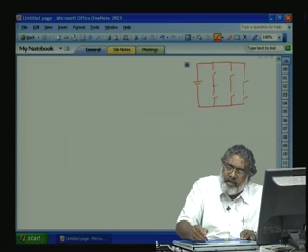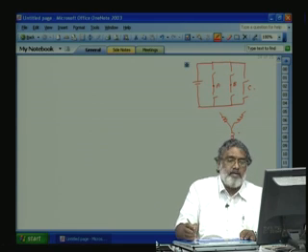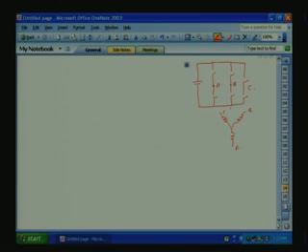Here we connect A, connect B, here we will connect C, such that the 3-phase load, when it is represented, let us take this is A, B, C, such that IA plus IB plus IC is equal to 0.